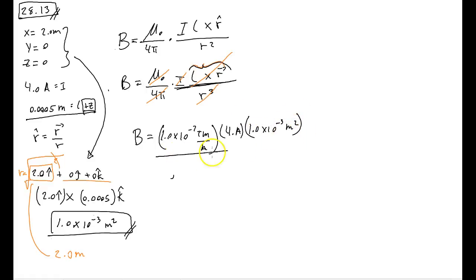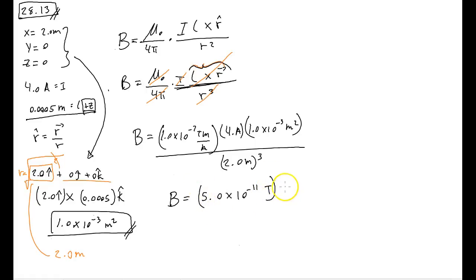And then we just divide everything by the magnitude of the vector, which resulted in 2.0 meters. So when we plug everything in, it gives us 5.0 times 10 to the negative 11 teslas.